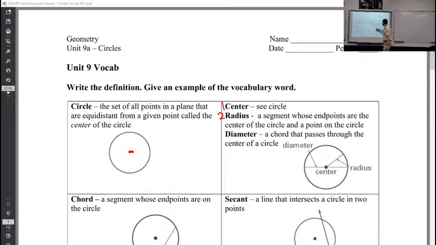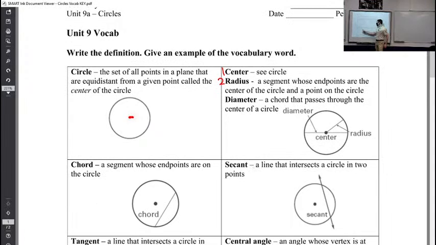All right, so if the segment goes through the center, we call it a diameter. If the segment goes anywhere else on the circle, we call it a chord. So a chord is just a segment whose endpoints are on the circle.